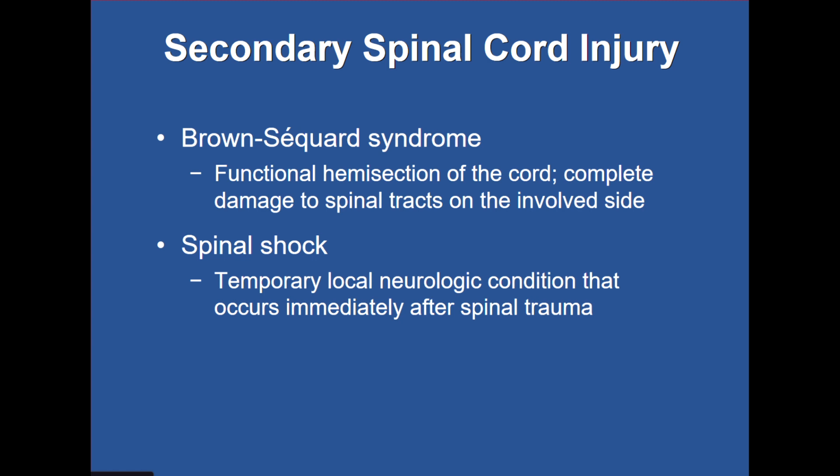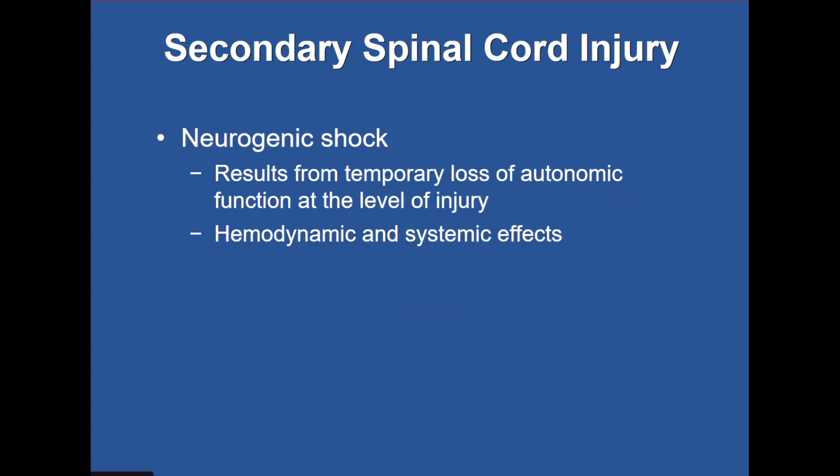So this is just that jarring that can occur. It's kind of like a stinger, where you get a stinger and your arm goes limp and you can't function, and then in just a little bit of time you regain that movement.